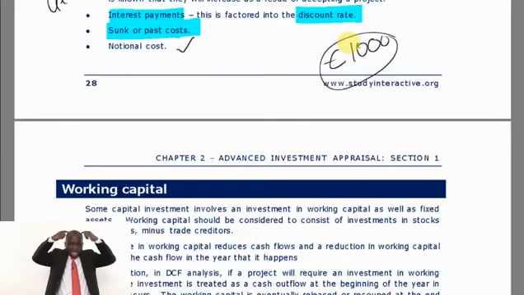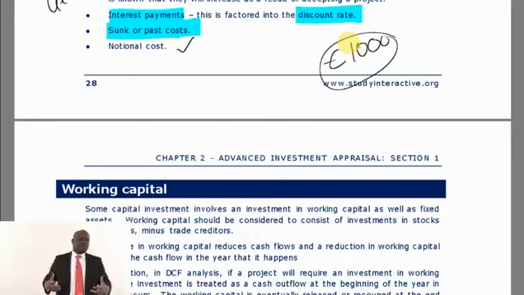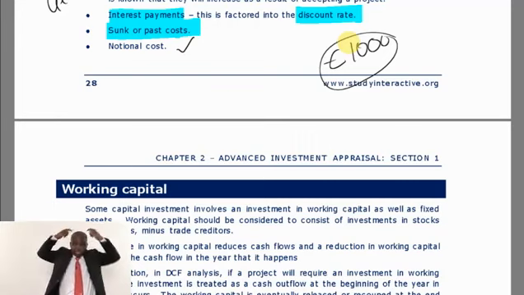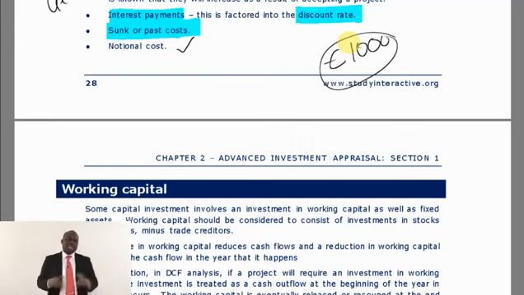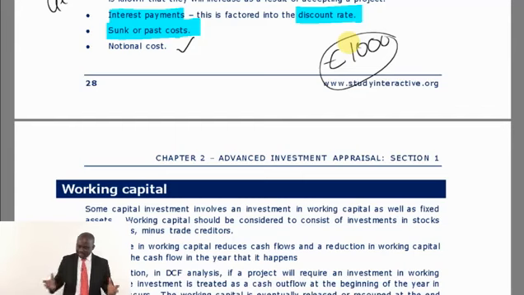It is in our head that if we rented this place, we could have got the £1,000. That becomes notional. So notional cost is not relevant because whether you do the project or you don't, that benefit will not be forgone. And as a result of that, it becomes irrelevant.